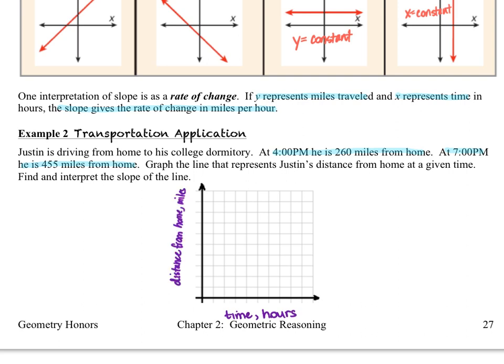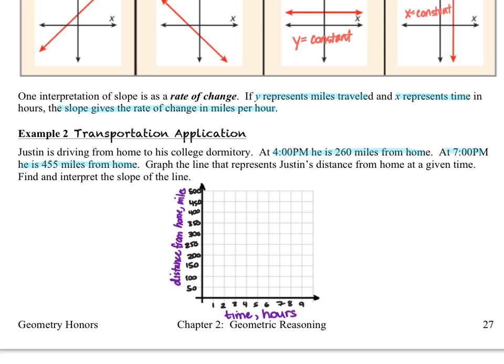Once we've got labels, we want to scale. We're going to scale our time in hours by ones, starting with 1 hour, 2 hours, 3 hours, and so on until we get to 9 hours. In the vertical direction, we're going to scale by hundreds of miles distance from home. So we can count by 50s here. So we're going to start out 50, 100, and so on.